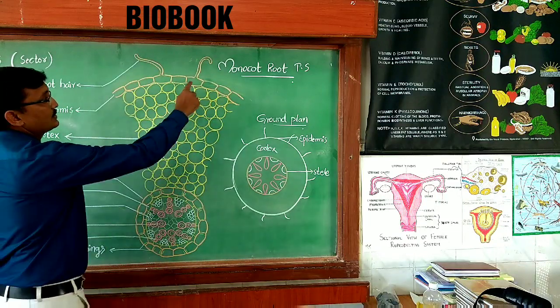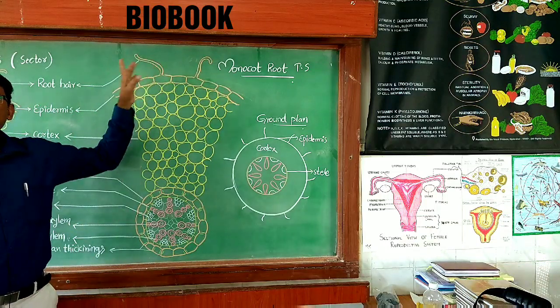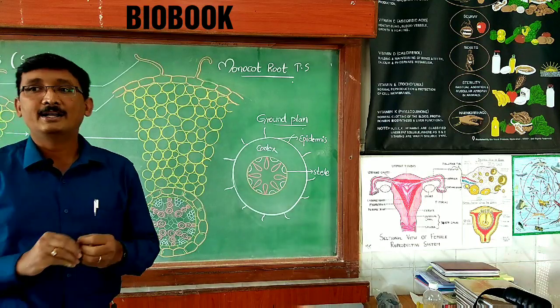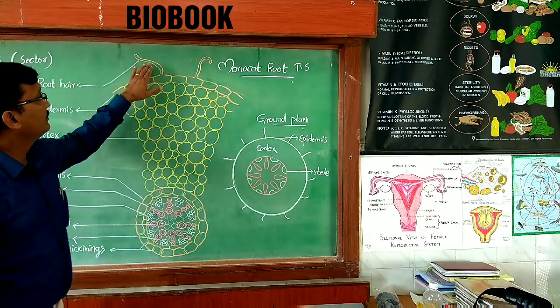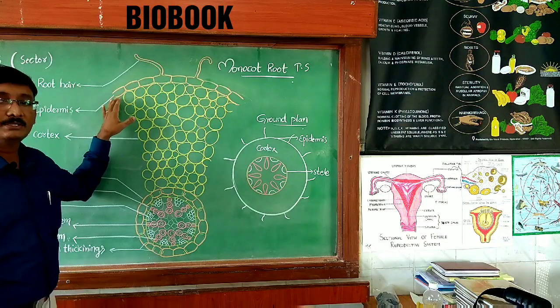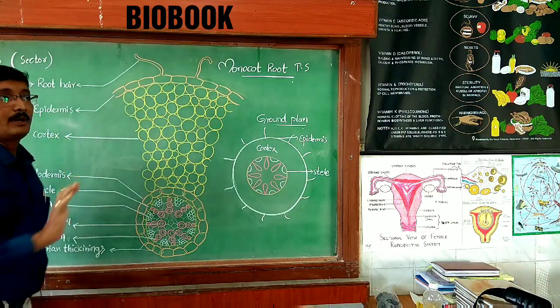Epidermis also consists of root hairs. These root hairs help in the absorption of water and minerals. Presence of root hair is one of the important characters of root epidermis. That's why root epidermis is also called epiblemma.